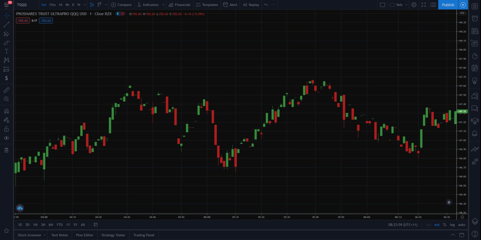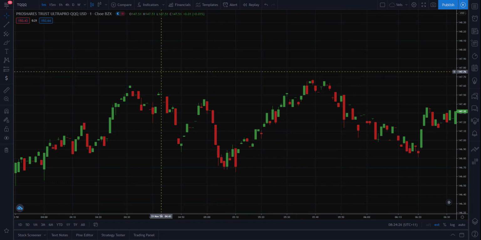I want to show you a simple example of how someone can trade the stock market. I've just pulled up the chart for TQQQ, but this also applies to pretty much any stock or ETF out there.